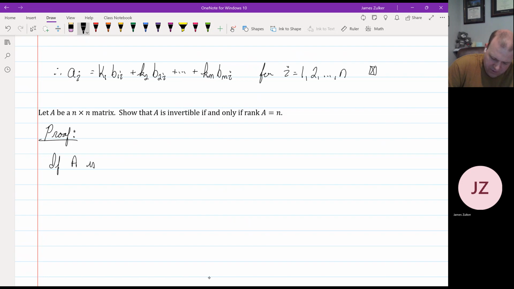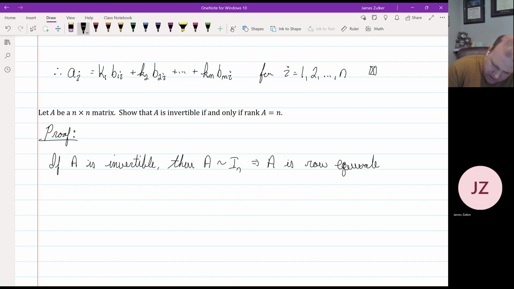So if A is invertible, then A is row equivalent to the n by n identity matrix, which means that A is row equivalent to a matrix with no zero rows.